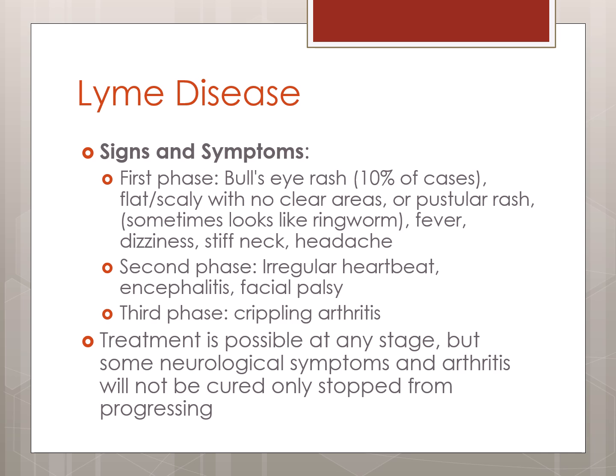The issue here, guys, is that these symptoms look like 100 other symptoms of 100 other diseases. So potentially by the time your patient gets crippling arthritis and you're like, oh, it's Lyme disease. Well, unfortunately, now the damage is done.